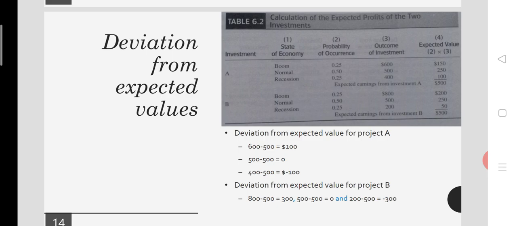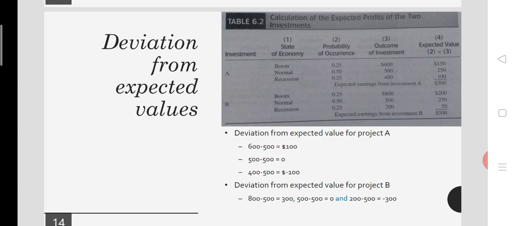When boom is the situation, $600 is the outcome of investment A, and 600 minus 500, that is $100, is the deviation from investment A when the economy is having a boom situation. When the economy is having a normal situation, 500 is the outcome, and the expected value is 500 for investment project A. Then 500 minus 500 is 0.